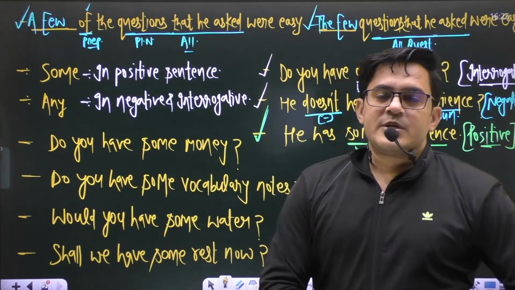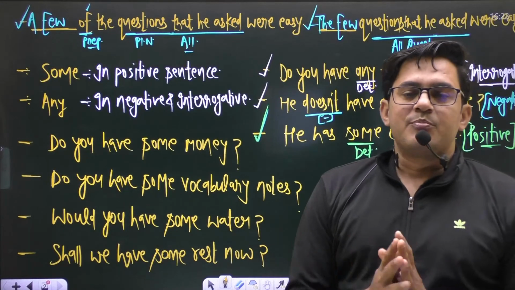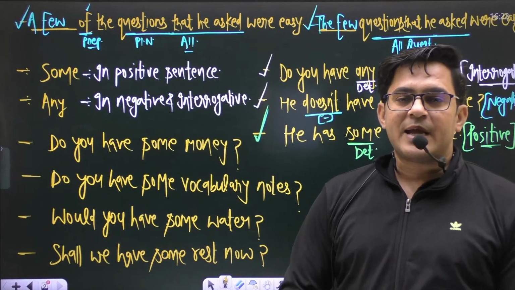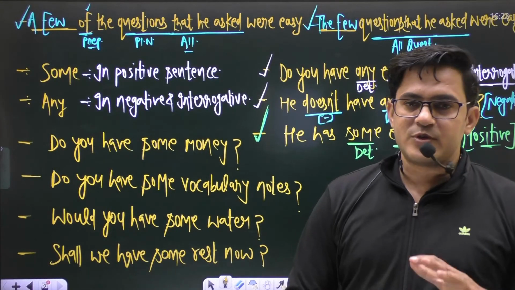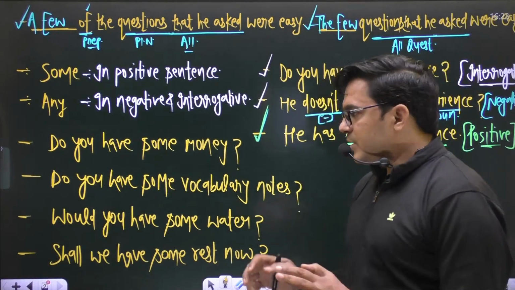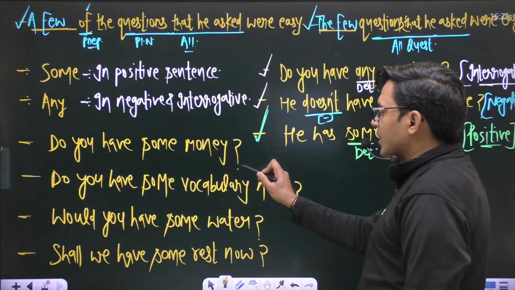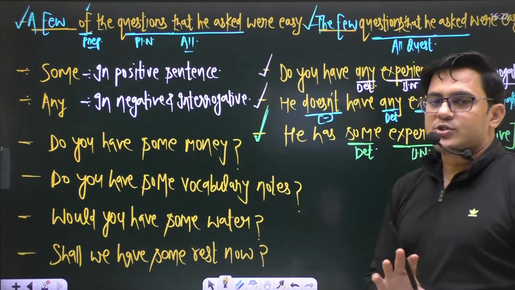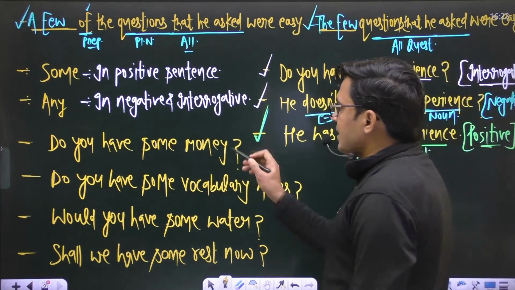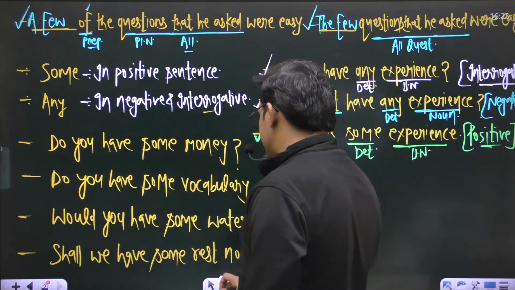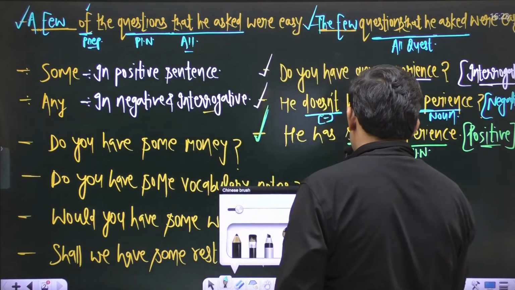When it comes to determiners like some and any, the basic application, you know, in positive sentences we use some, and in negative and interrogative sentences we use any, right? But make it sure all these four sentences are interrogative. You have a sign of interrogation at the end of the sentence. Still we are using the determiner some in all these four sentences.